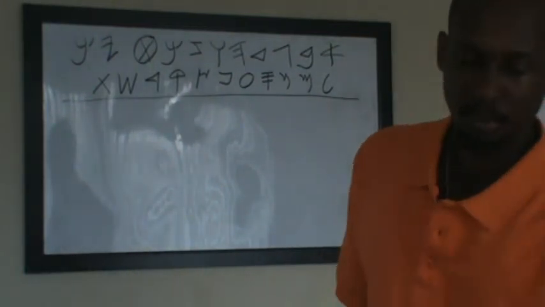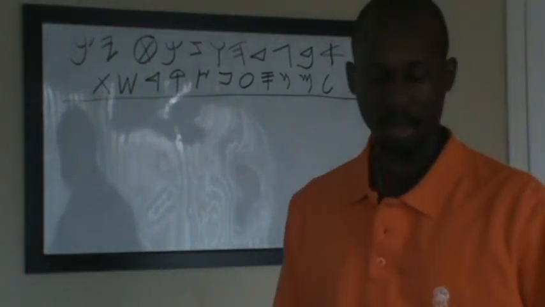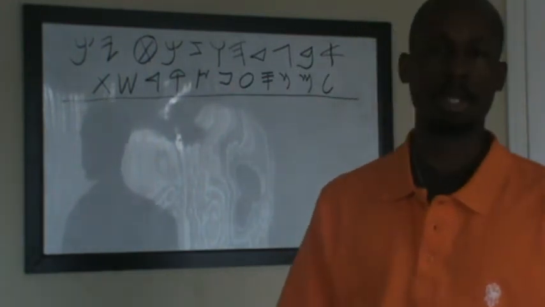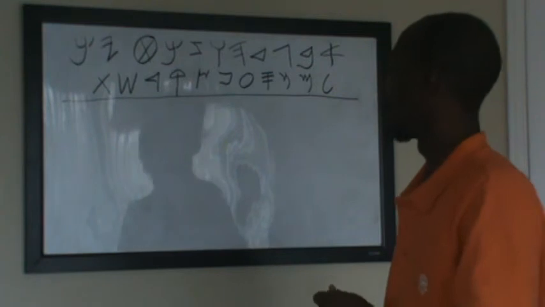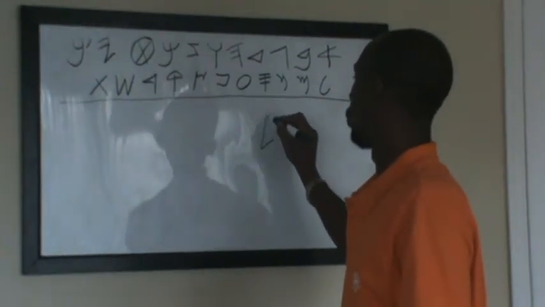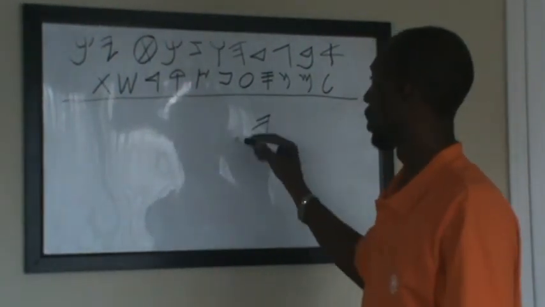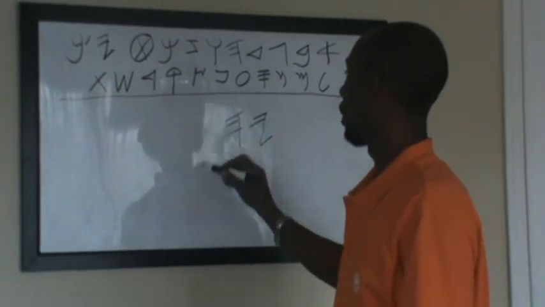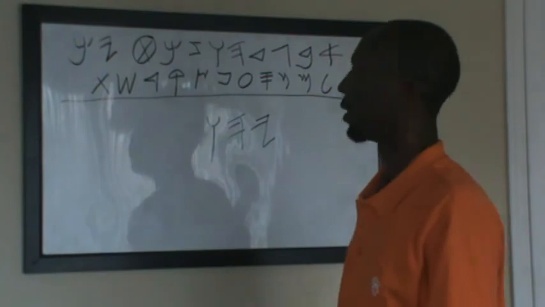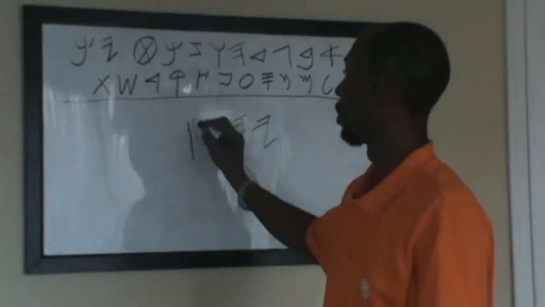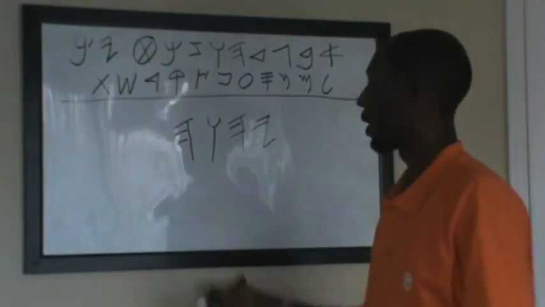Okay, so I'm going to quickly go into the Messiah's name on top of that. The facts of the name are this: the Yod makes the Y sound, the He makes the H sound, the Vav is the W sound, and the He is the H sound.